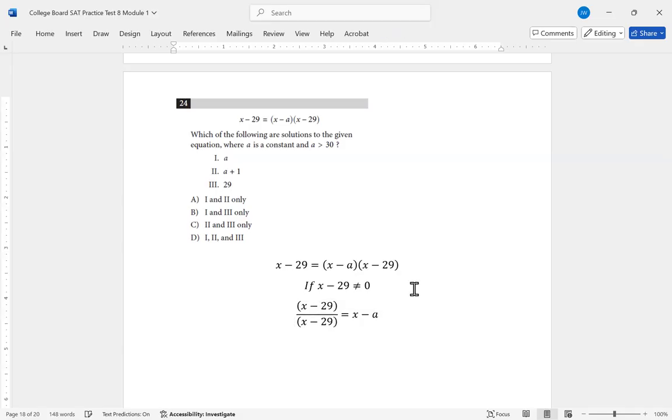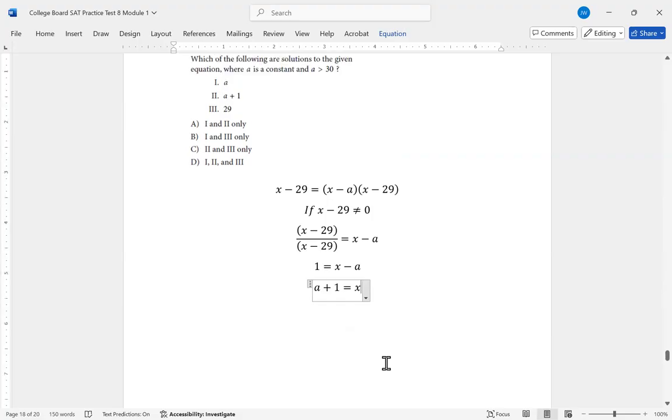But left would be 1 so long as x minus 29 is not equal to 0. We get 1 is equal to x minus a. And adding a to both sides would give me that a plus 1 is equal to x. So that's one option. So if x minus 29 is not 0, then a plus 1 works as a solution.